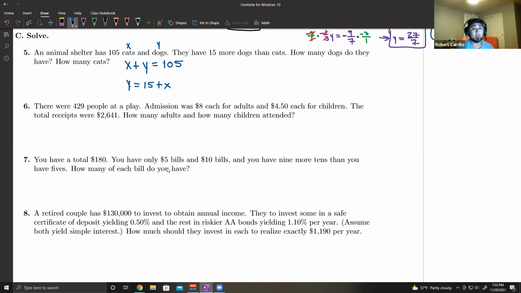Okay, this is going to be fun. Now, I'm going to introduce you to that method I told you about called substitution. So remember, there are two ways: substitution and elimination. Well, what we have done is set this up perfectly for substitution. Look at this. Y equals 15 plus x.